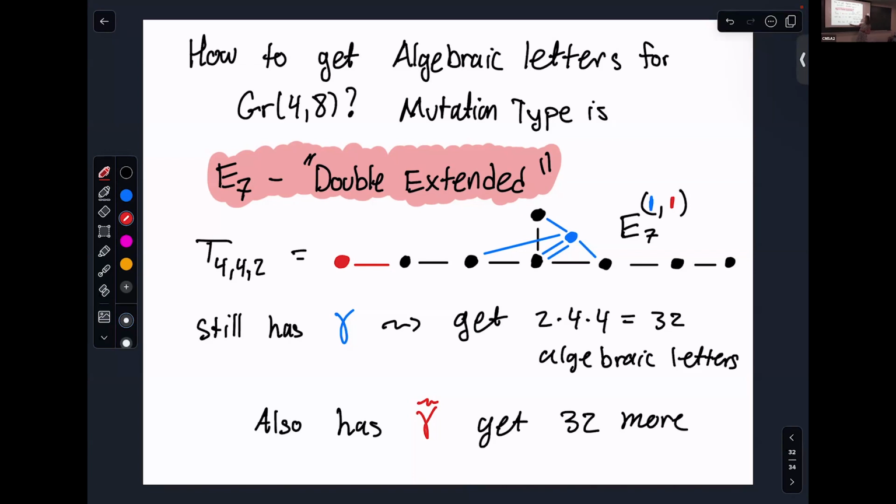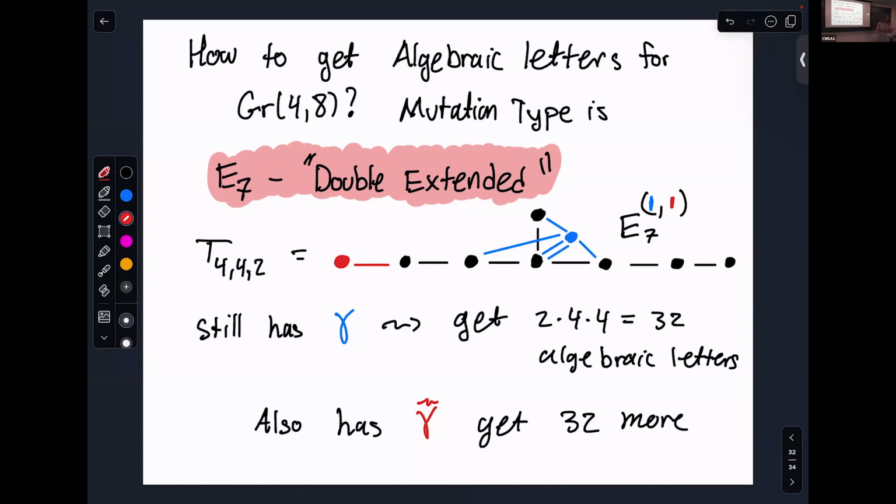But it also really has another infinite direction, obtained by freezing this node and viewing it as affine based on this red node. In fact, I can switch the roles of these two nodes by doing my sources and sinks mutation path on the E7 finite part that's underlying there. That exactly will move this node up here and this node down there.